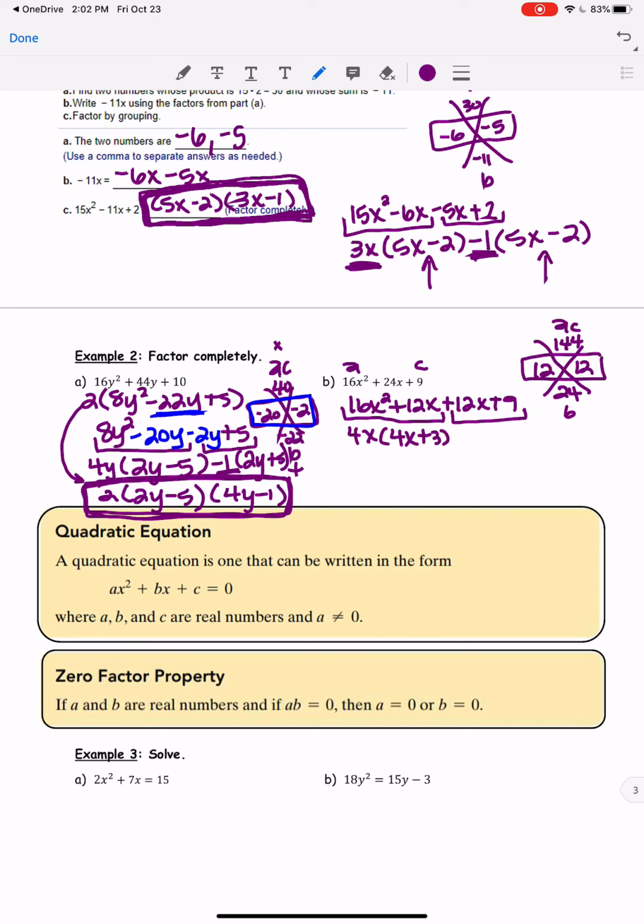Here I can take out a 3. 12 divided by 3 is 4. And 9 divided by 3 is 3. So I have a common binomial here. That's always going to happen. So 4x plus 3. And then I'm left with here a 4x plus 3.